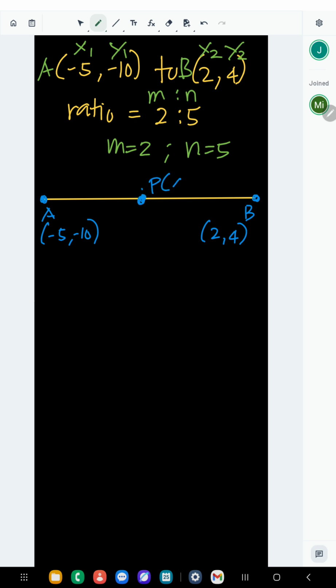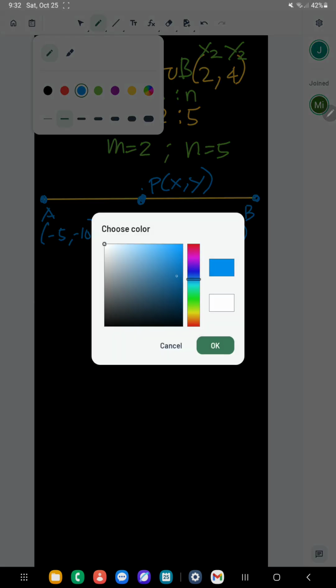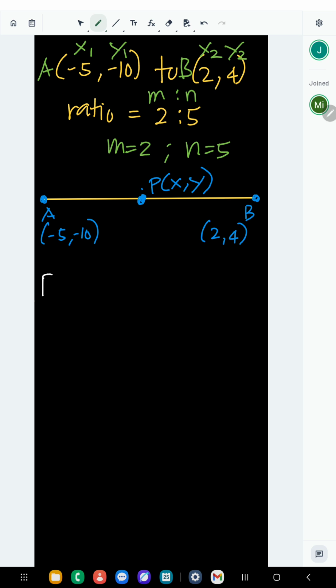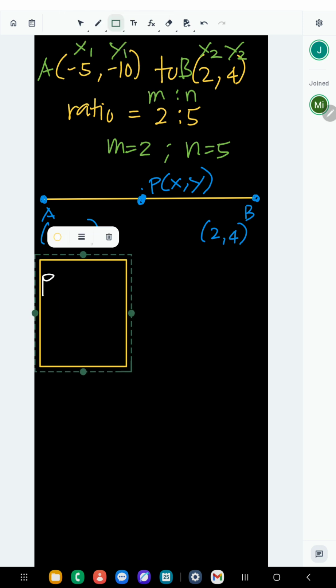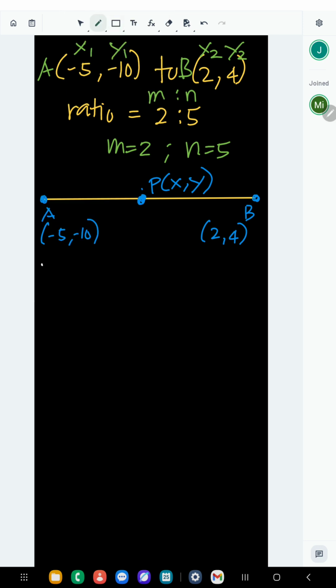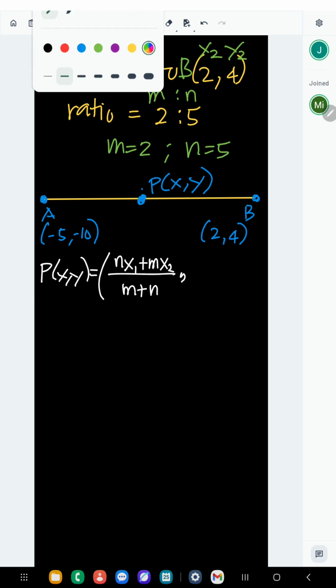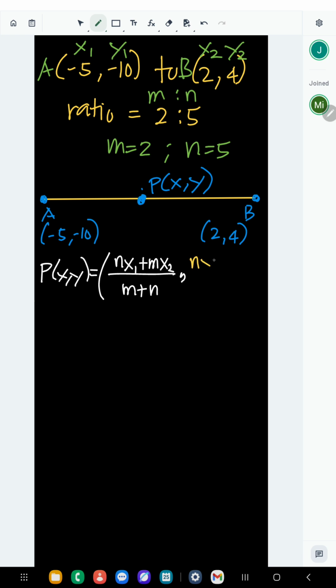So this should be P, and we find the coordinates of P. Point P is just n x sub 1 plus m x sub 2 over m plus n. Then the other one is y, n y sub 1 plus m y sub 2 over m plus n.